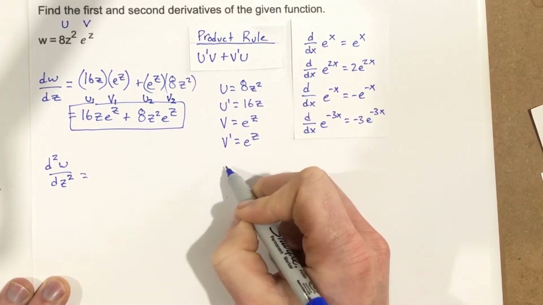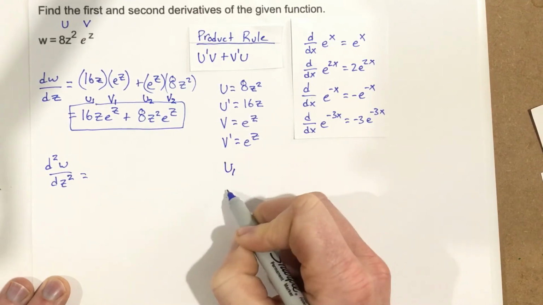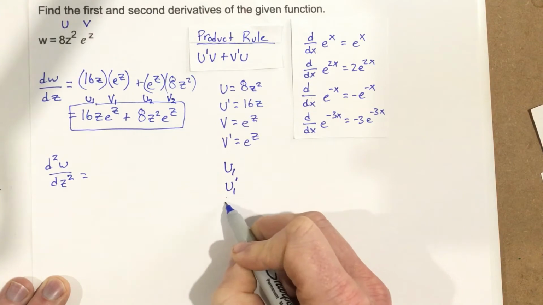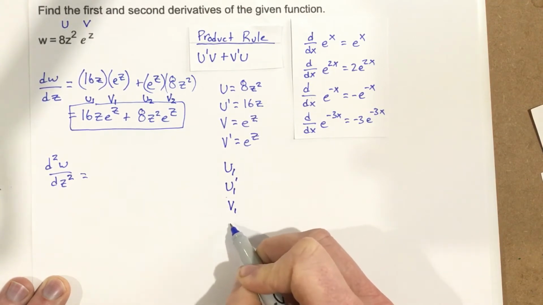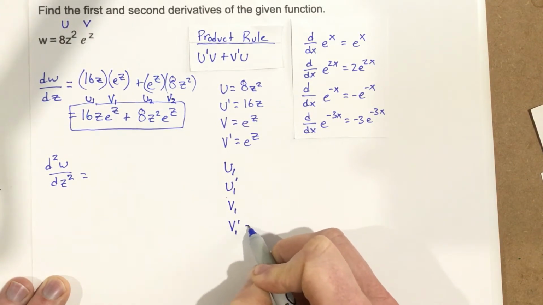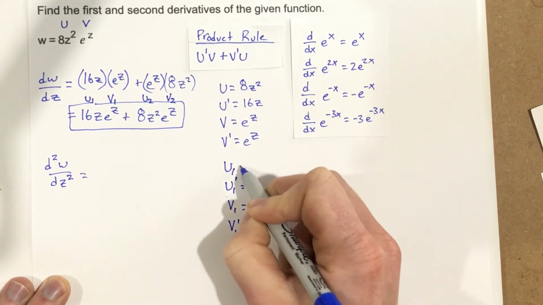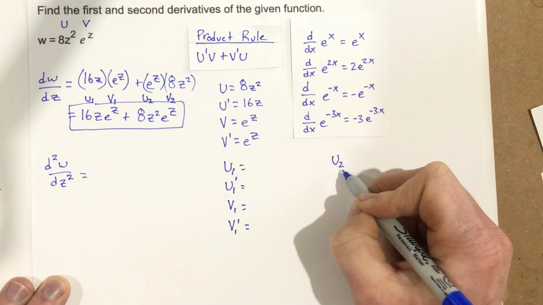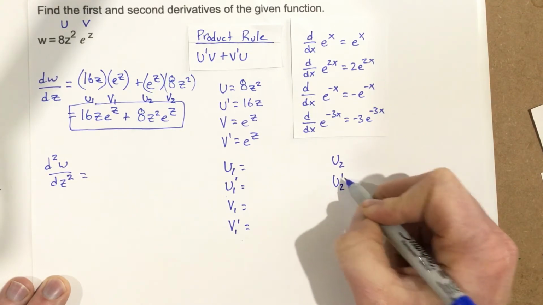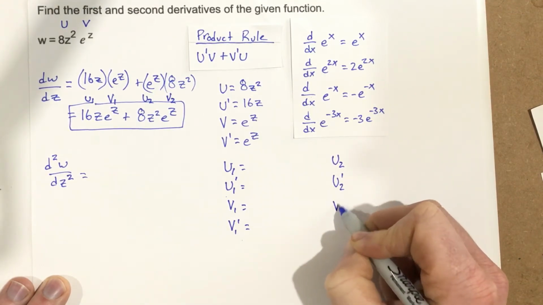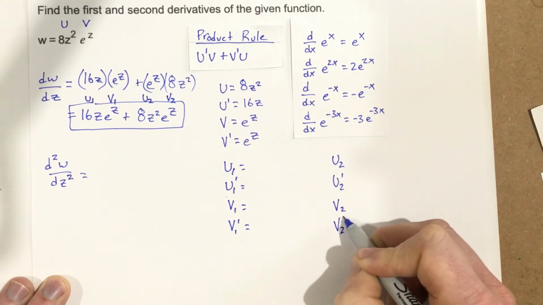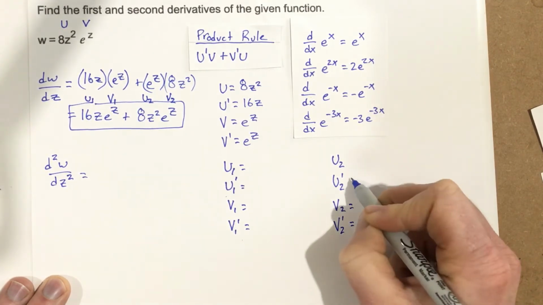So we'll say that u1 prime, v1, and v1 prime is going to be here, and I'll say u2 prime, and then v2 prime. Now you can use different letters.